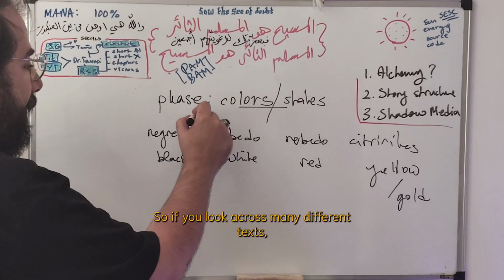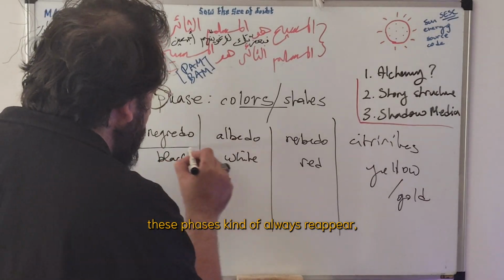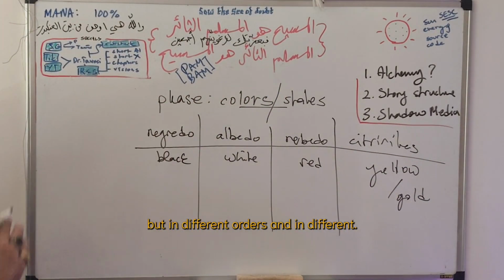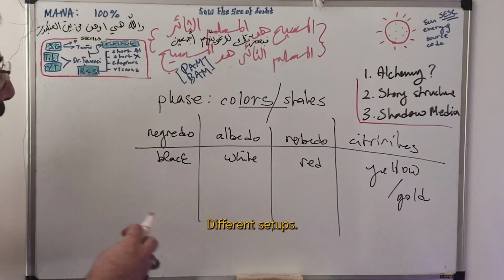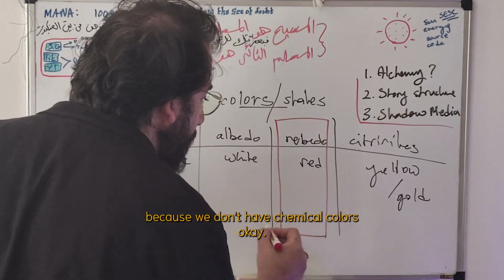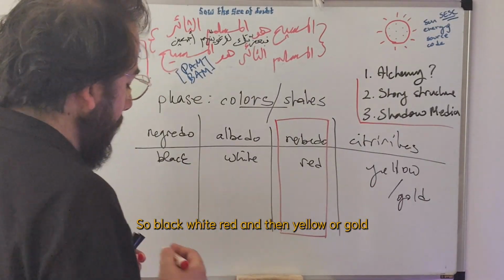If you look across many different texts, these phases always reappear, but in different orders and in different setups. Okay, I'm just going to highlight this as red because we don't have the alchemical colors. So black, white, red, and then yellow or gold.